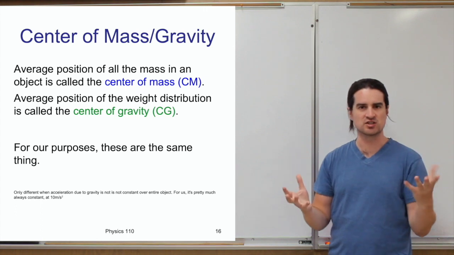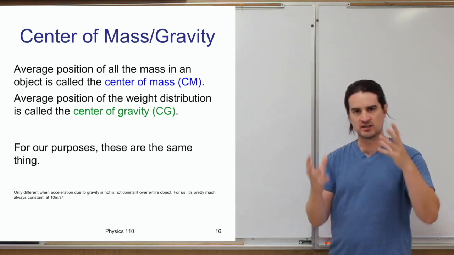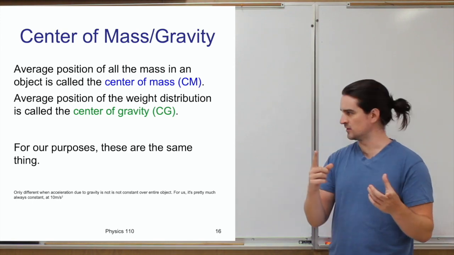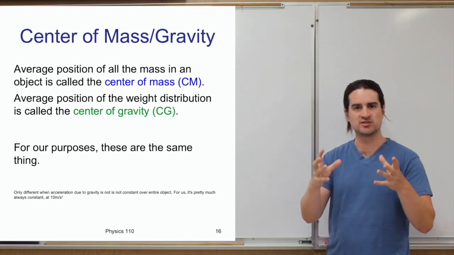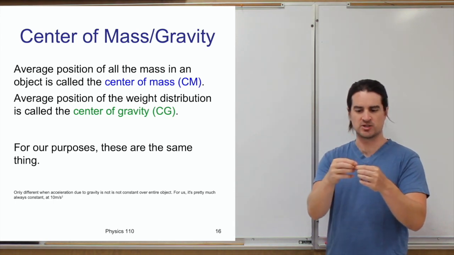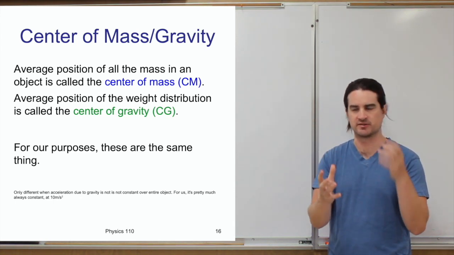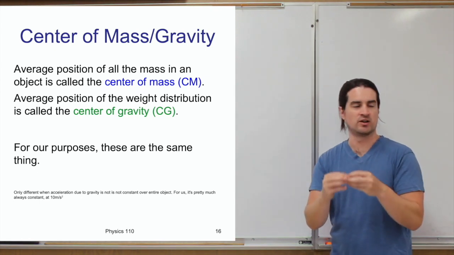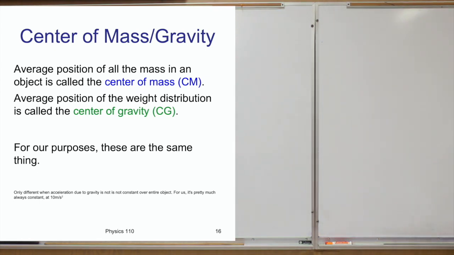It's essentially the center of where all the mass is. If you were to put that object, whatever it is, on a tiny point, and that point is under the center of mass, then the object would balance. So it's kind of the averaged out place where all the mass is.